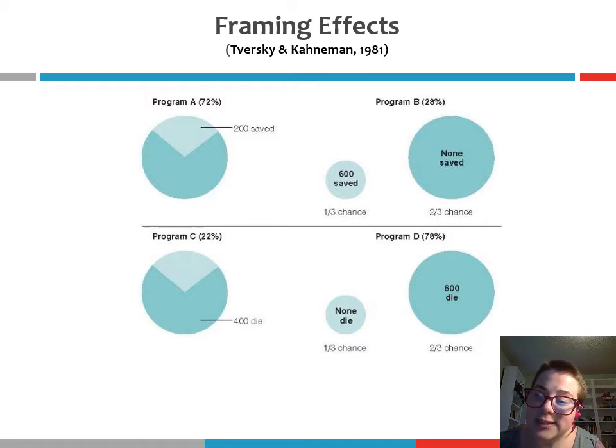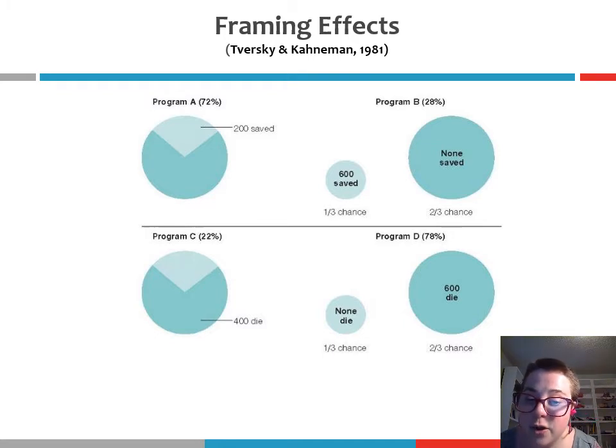So when participants were asked to choose initially between program A and program B, right? The choice is framed in terms of gains, right? So people are made to think about the possible benefits of enacting this program, right? So if you choose this program, 200 people are going to be saved, right?